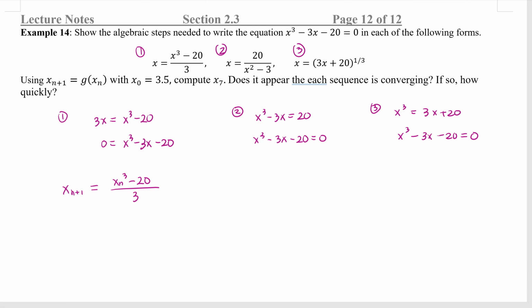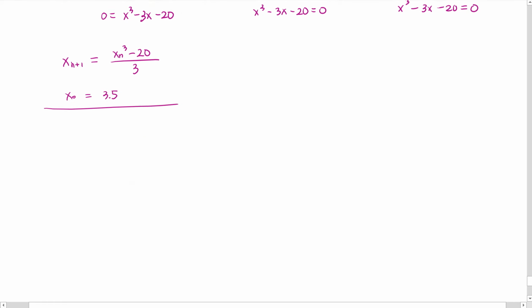We simply replace the left-hand side x by x sub n plus 1, and replace the x on the right-hand side by xn. Now x0 equals 3.5, and we do x1, x2, x3, x4, x5, x6.